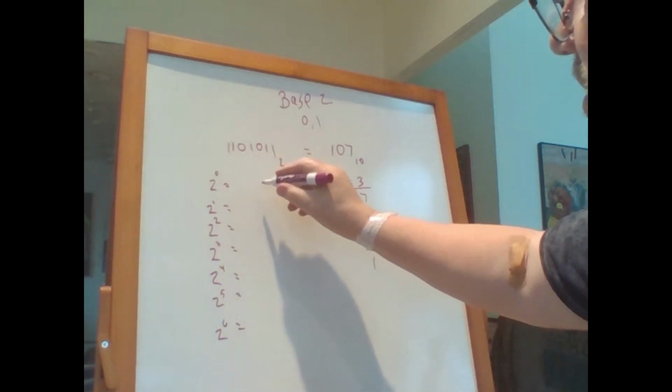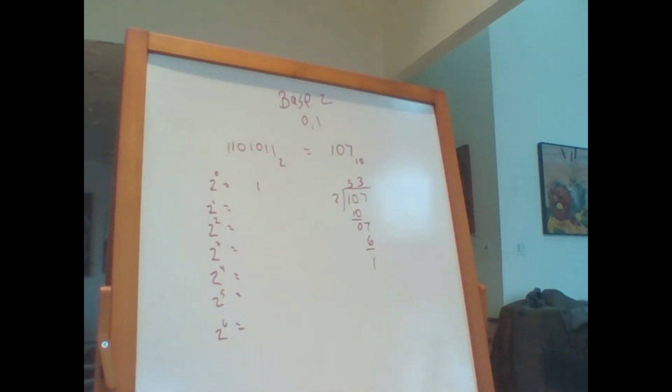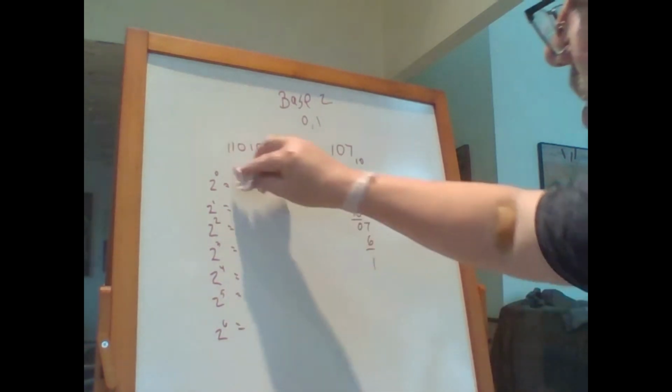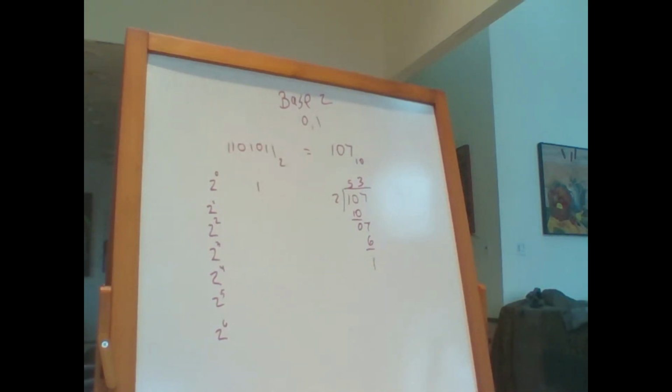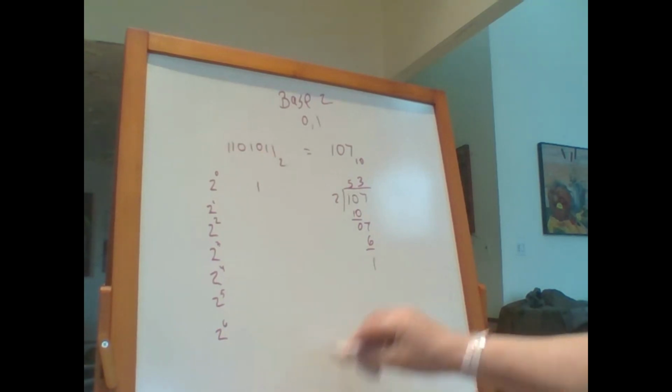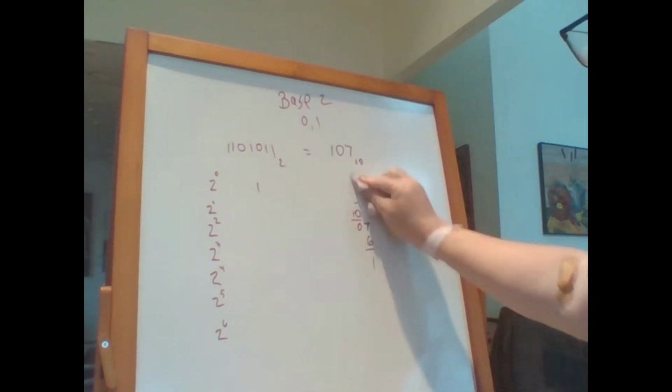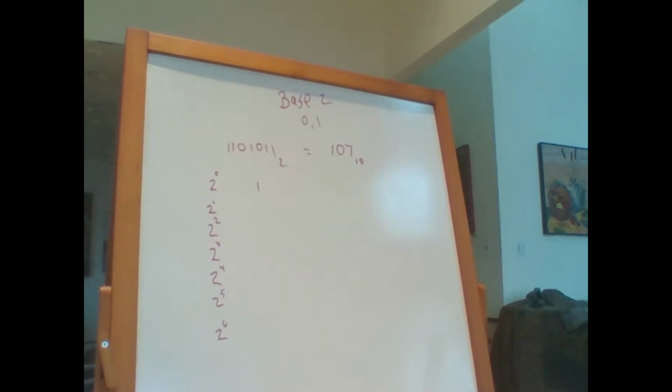So we got 1. These aren't really equal. We're just putting those as placeholders. Okay, so now we got 53.